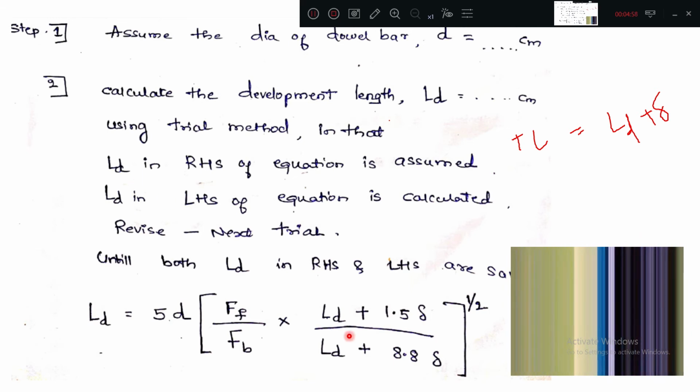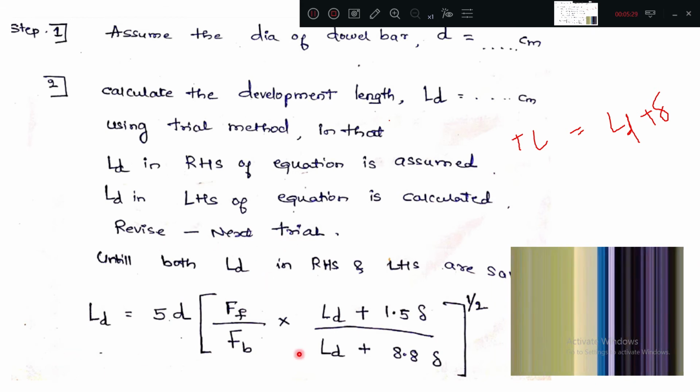So you should revise the calculation. First you put LD equal to some 45. After solving, this LD should also be equal to 45. Otherwise, you change that one. LD in the RHS is assumed and LD in the LHS is calculated, and you revise for the next trial.